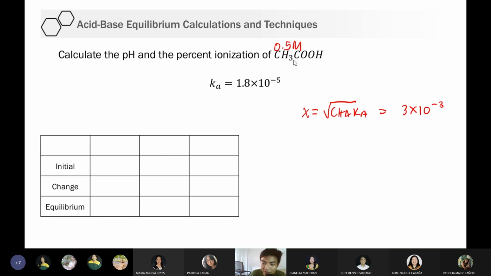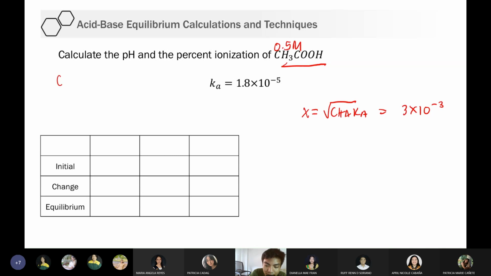So, kunwari, given ka lang neto, how are you going to write the dissociation reaction for that? No? So, to write the dissociation reaction of your acid, just simply remove the H. Tatanggalin mo lang yung H and then whatever is left, yun yung iyong conjugate base.